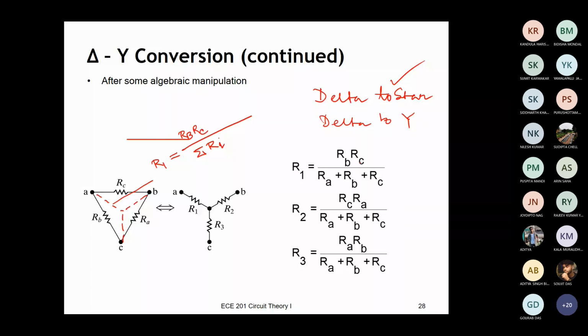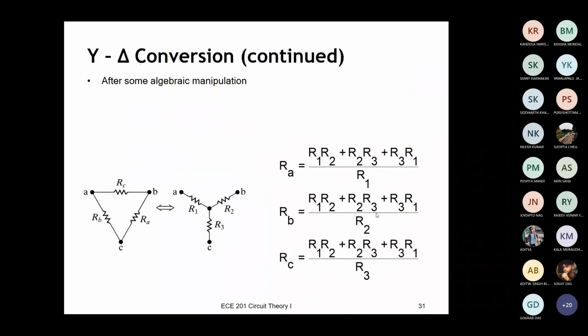So RA, RB, RC, RC square you can take common, then RA, RB will come within bracket, and that way it will be easy to reduce if you just start from this relation. So this I leave to you, because anyway you can solve it. If you cannot do it, I'll do it and share with you, right? So this is the star to delta conversion, which you may have to use when you'll be reducing a circuit.